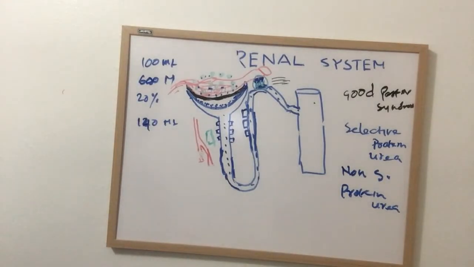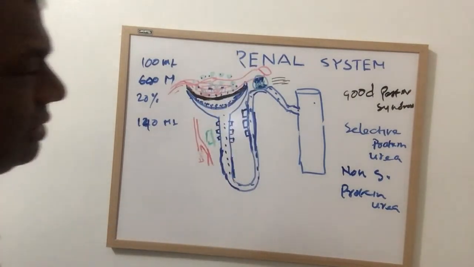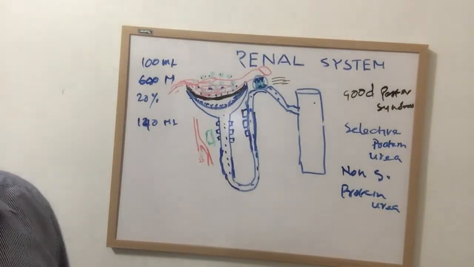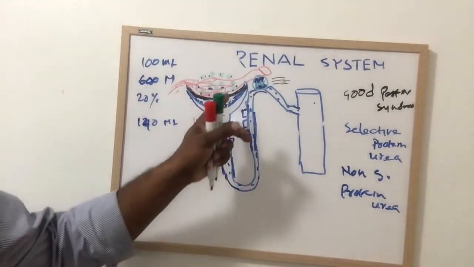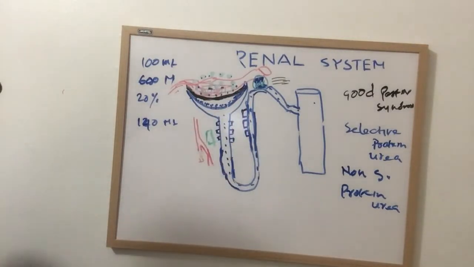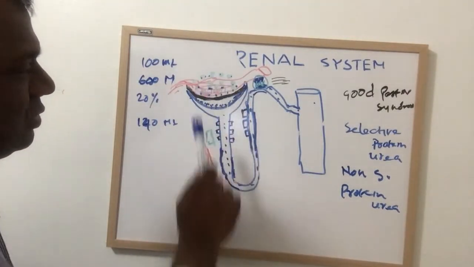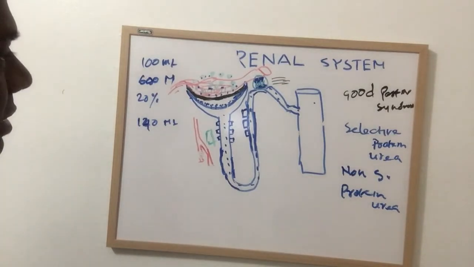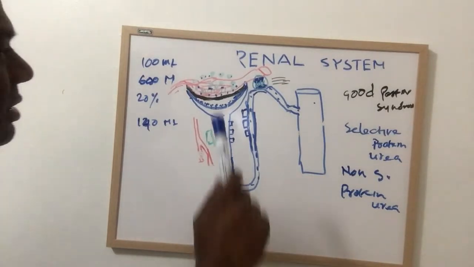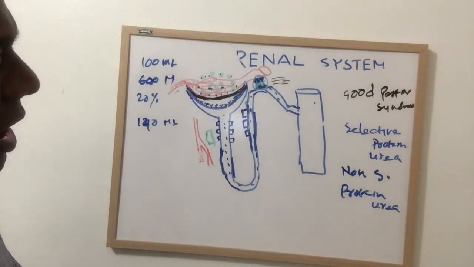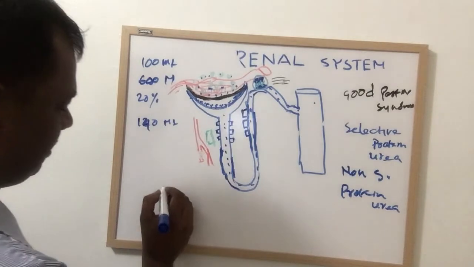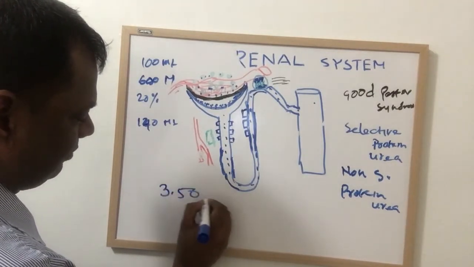That's fine. But what about in the blood? There is hypoalbuminemia, hypoproteinemia. Once the protein level goes down in the blood, our liver secretes more protein.